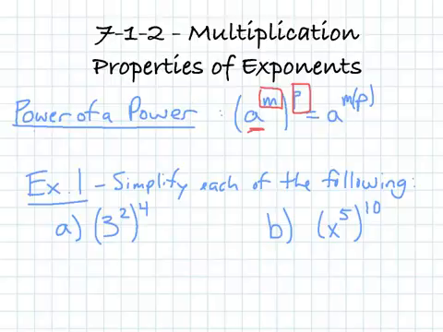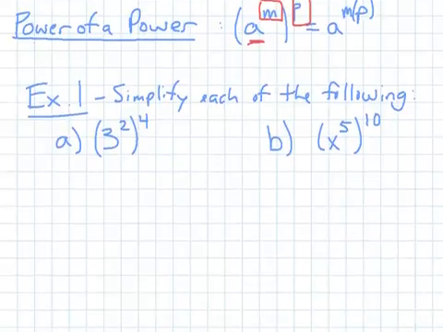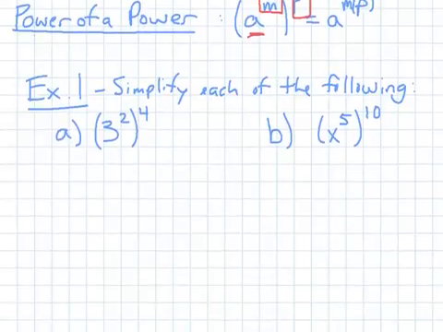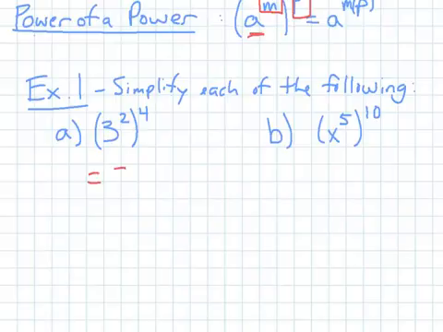So example 1, letter A, says 3 squared to the 4th power. So using our property, it's saying 3 squared to the 4th, so 2 times 4 would get us 3 to the 8th. Notice how I took the 2 times the 4 to get 8. And also notice that the base didn't change.